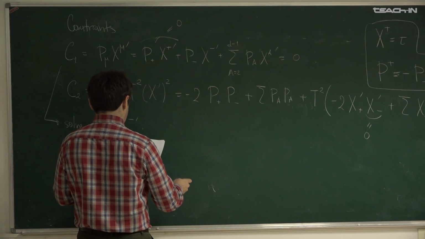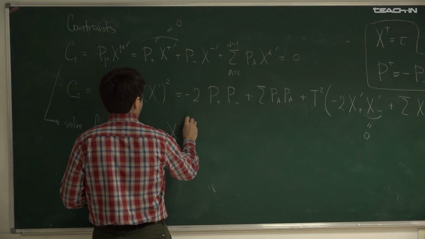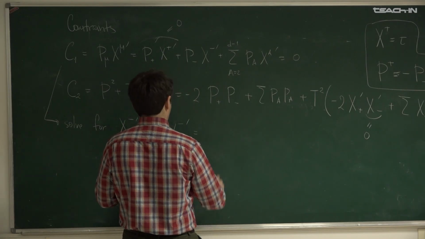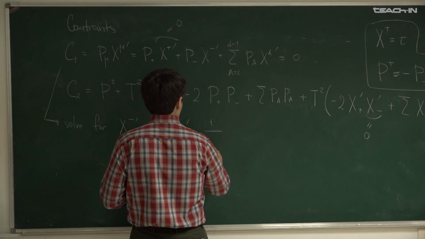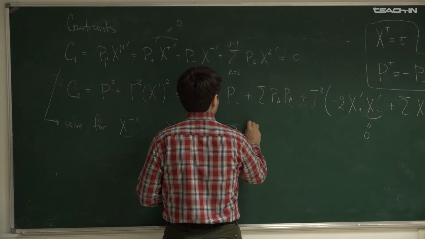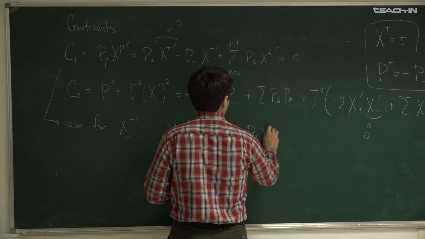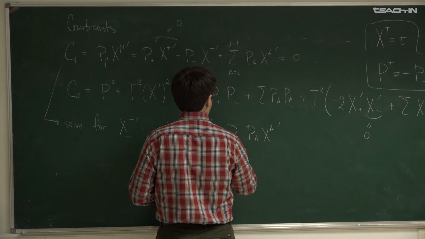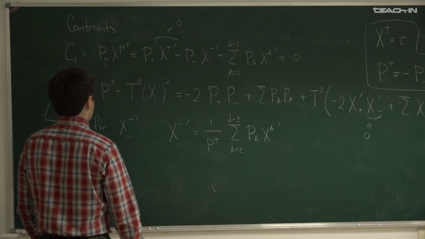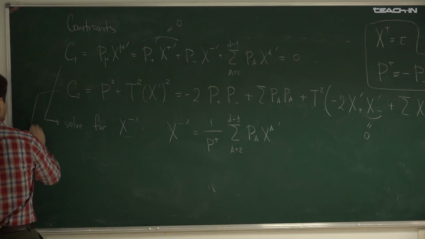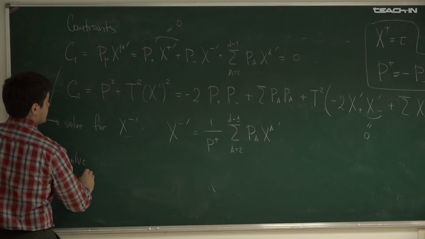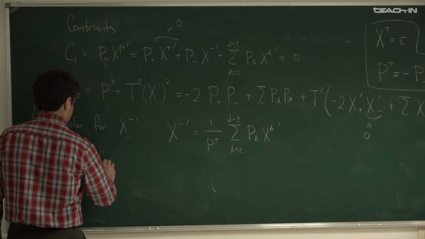So x minus prime is 1 over p plus sum over pa xa prime, t minus 1. And the second constraint we solve for p plus.